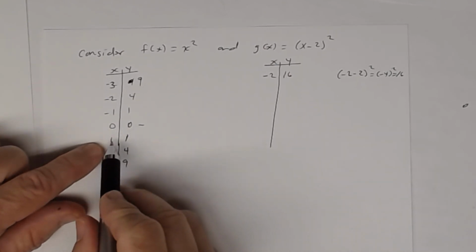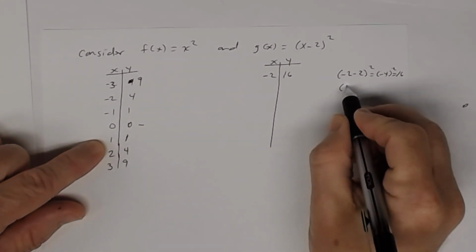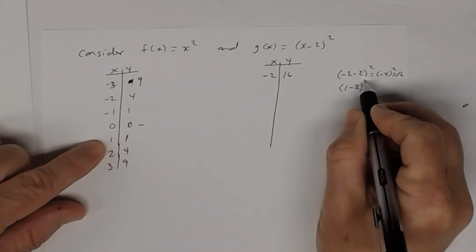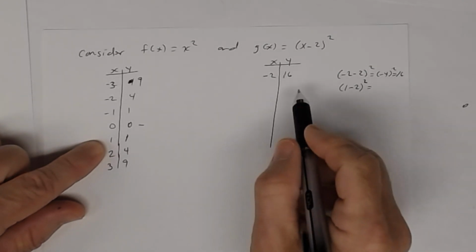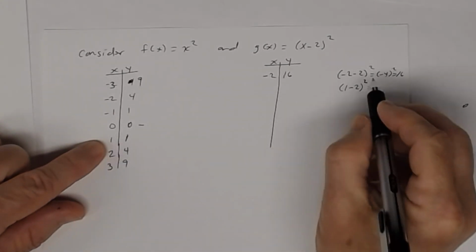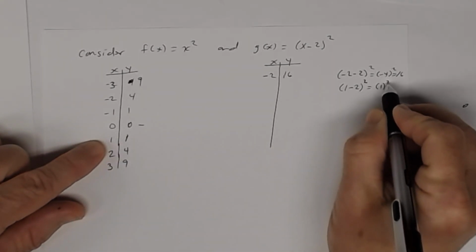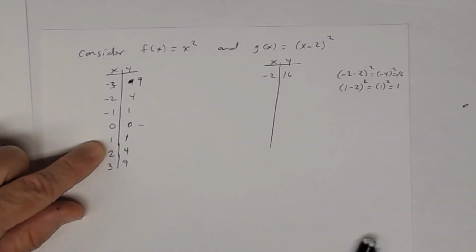If I take x is 1 and I subtract 2 from it, so 1 subtract 2 and I square it, I'm going to get 1 squared, which is 1. Let me make sure I'm doing this.